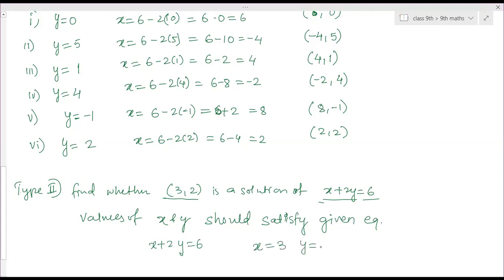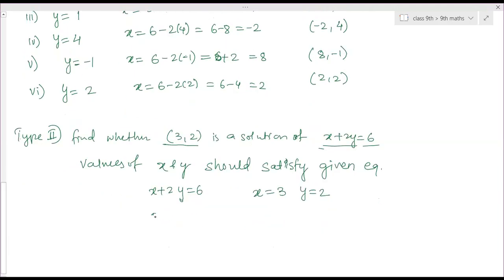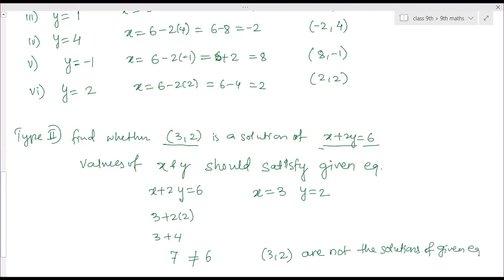And what is the value of y? 2. Substitute. This is 3 plus 2 into 2. 3 plus 4, 7. And the RHS is 6. They are not equal. That means 3 and 2 are not the solutions of the given equation.